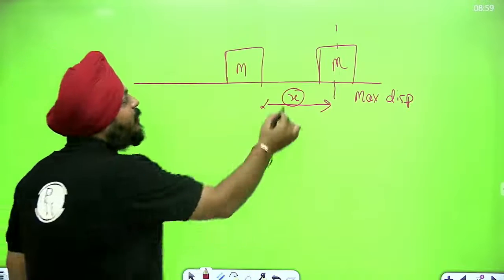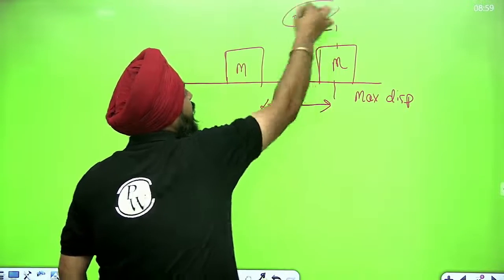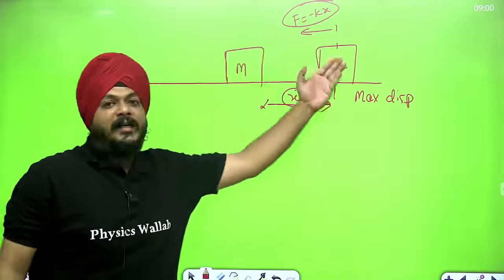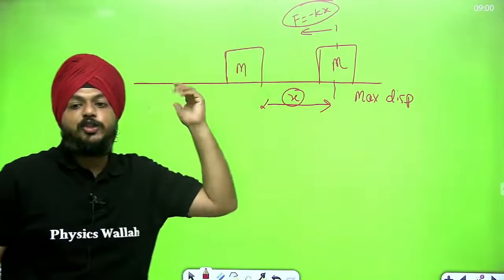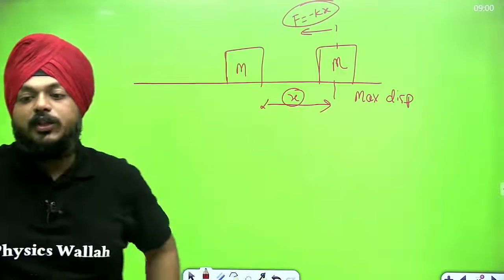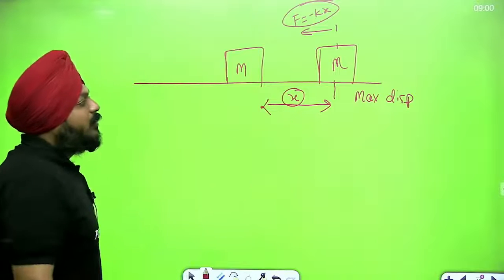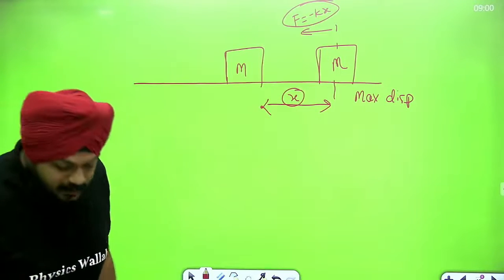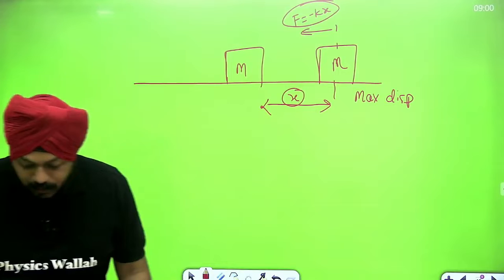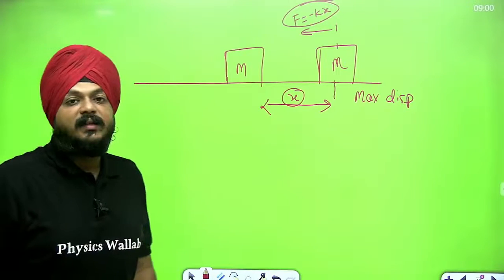At this point, the same amount of restoring force is acting, F is equal to minus kx, which will ensure that the particle is going to come back to its original position.